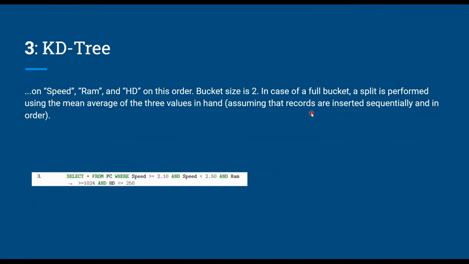So once we have an additional point or additional entry to index, and the bucket size is not enough anymore, we have a third one, so we calculate the mean average of the 3 values, assuming that the records are inserted sequentially and in order. So we're inserting our records as per the appearance in the actual data table. Afterwards, we'll be solving this query.